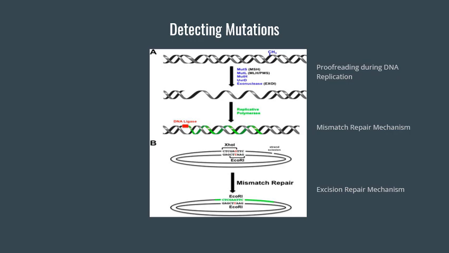We also have our excision repair mechanisms, where enzymes scan DNA for abnormal structures, such as damage to bases or bulky add-ons, and go in and excise the damaged sections and replace them with the correct DNA sequence.